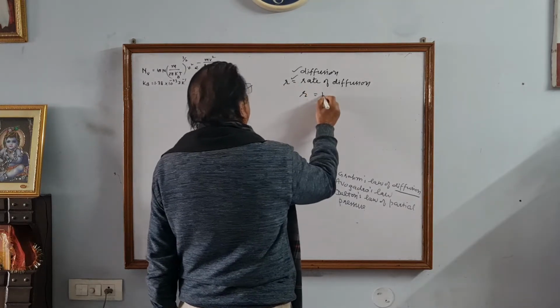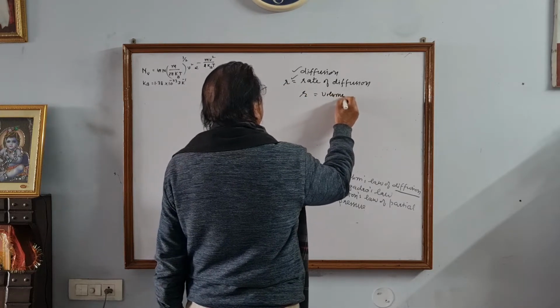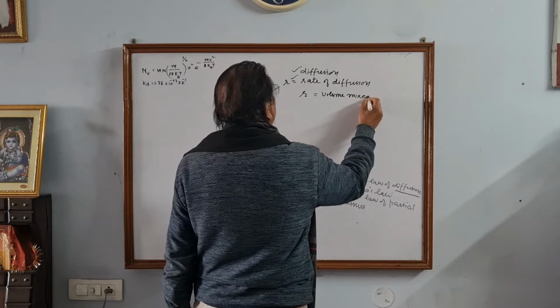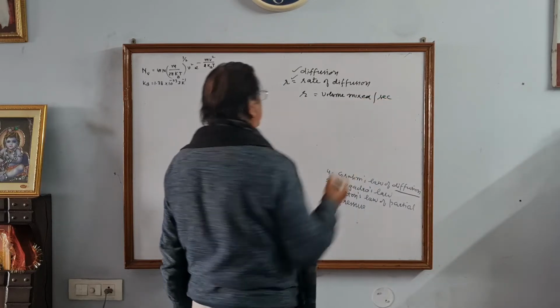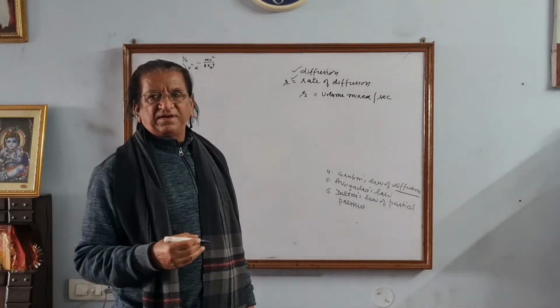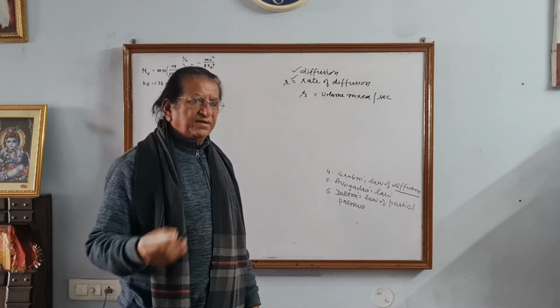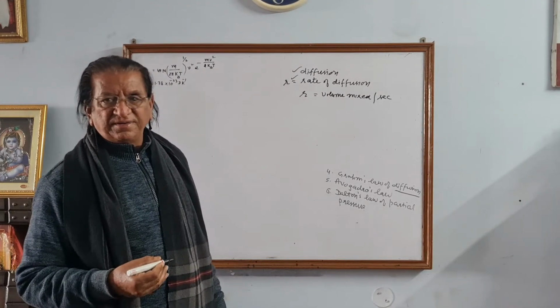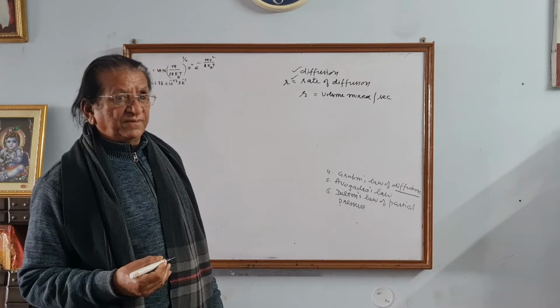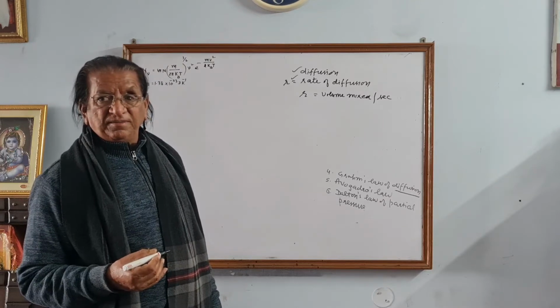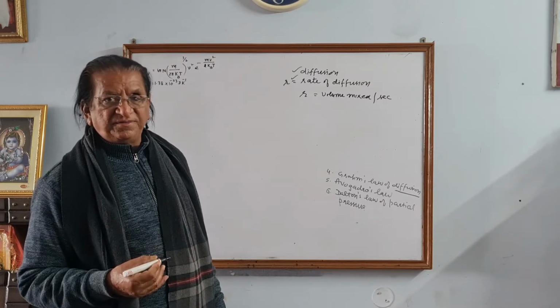Rate of diffusion means volume mixed per second. How many liters of one gas get mixed per second with another without chemical reaction? Okay, volume mixed per second, that is rate of diffusion.